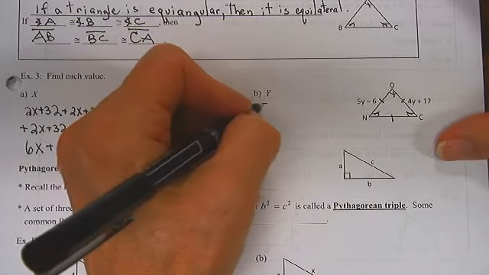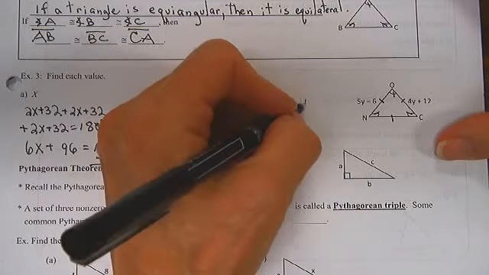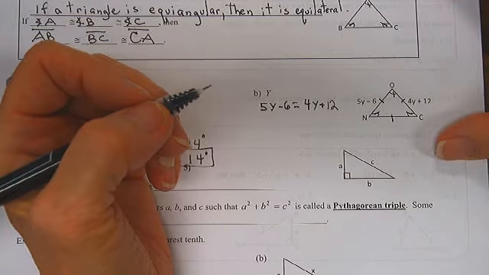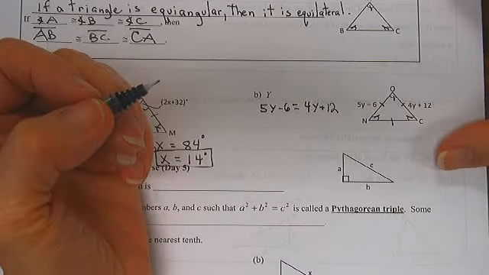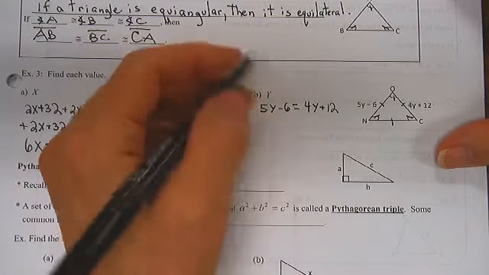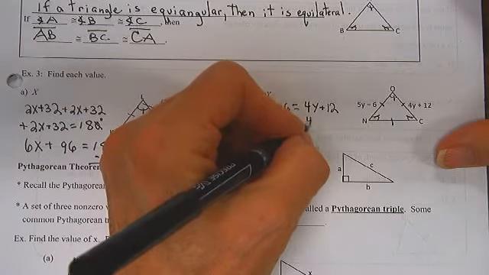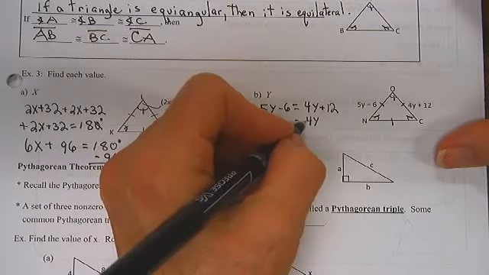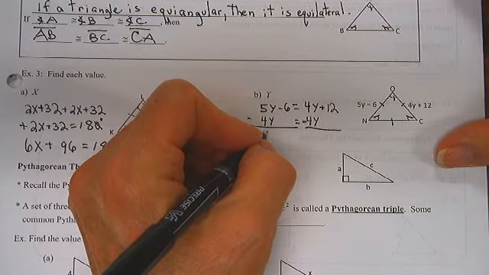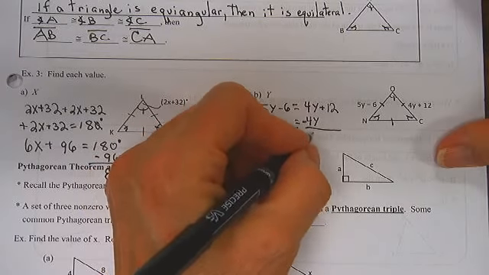I have to say 5y minus 6 is the same as 4y plus 12. I want all my y's on one side. So I think I'll move this guy. So I'm going to subtract 4y from each side. That gives me 1y minus 6 is equal to 12.